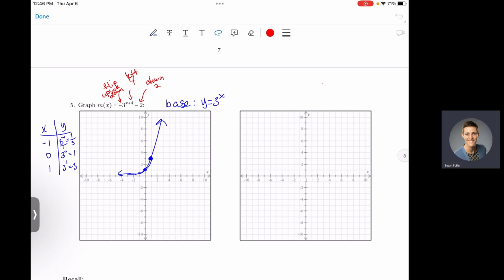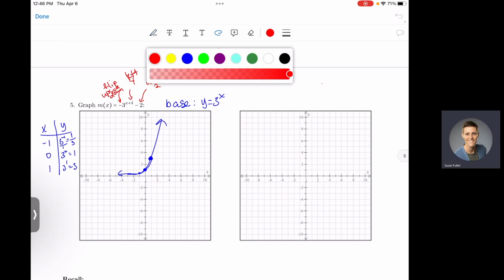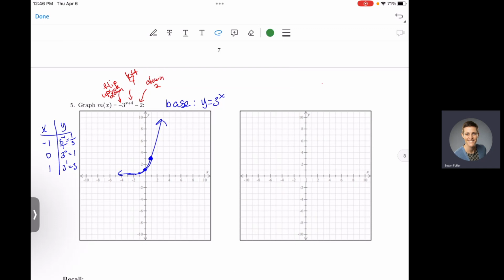All right, so what we're going to do first, I'll switch to green. The first thing that we're going to do is shift left and right. So we're going to go left 4 first. So I'm going to take these two main points that we have, the 0, 1, and the 1, 3. Those are the easiest to move around. Those are the 2 points I'm going to use to kind of shape my graph here.